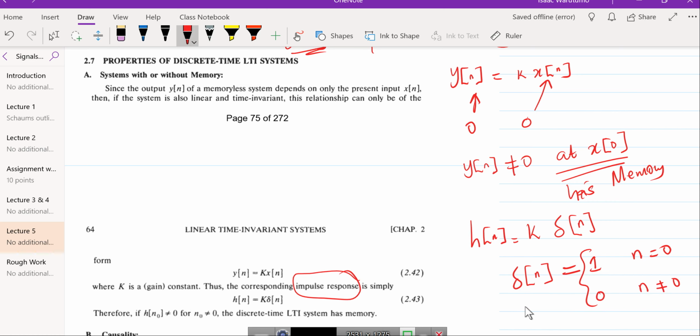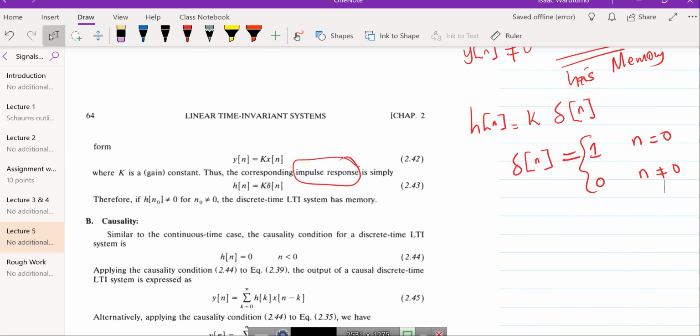So if we evaluate h of n at n not equal to 0, and we find that it is not equal to 0, then this condition is not satisfied, and that is when we say that it has memory.